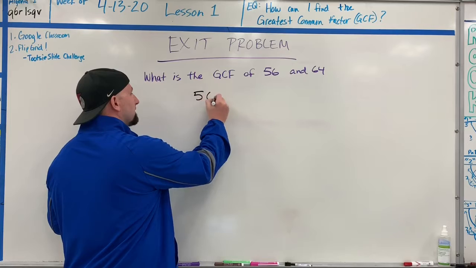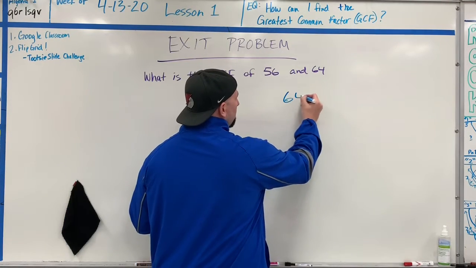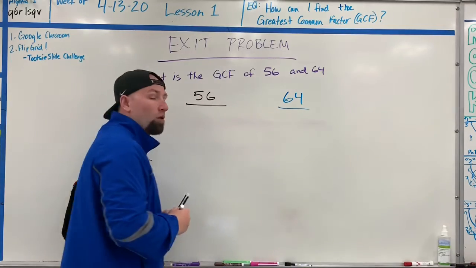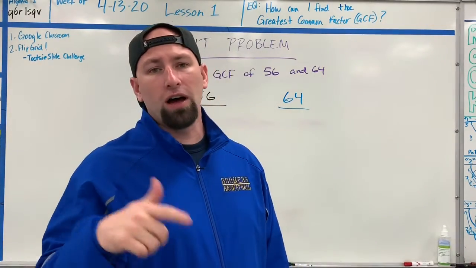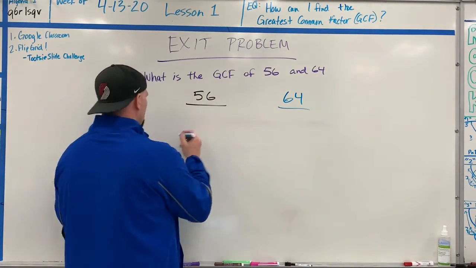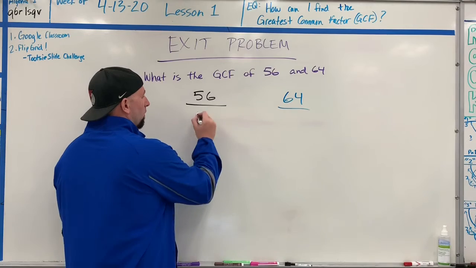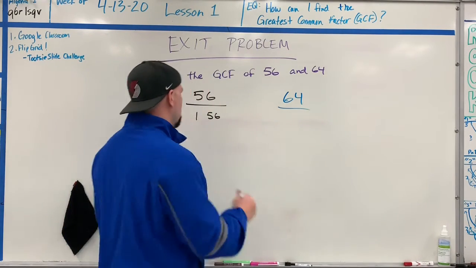Okay, we got 56. We got 64. So what we have to do first is identify all of the factors for each number. So number 1, we got 1 and 56. Now what's half of 56? 28.